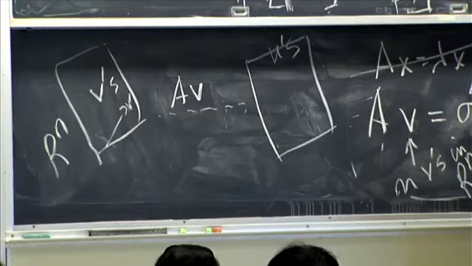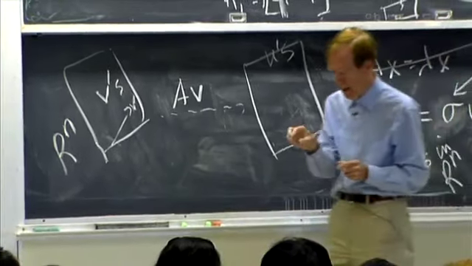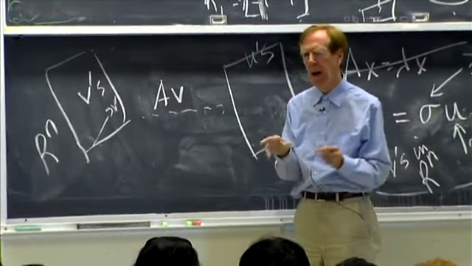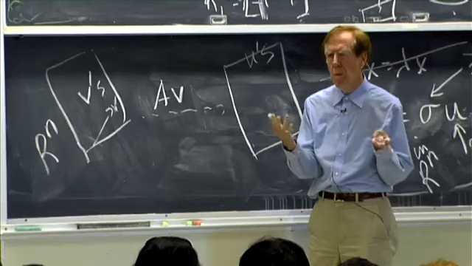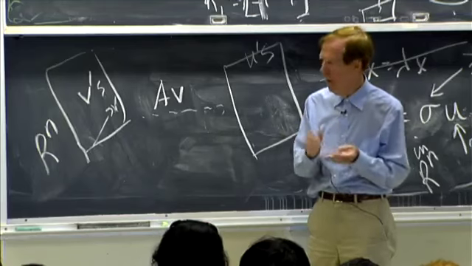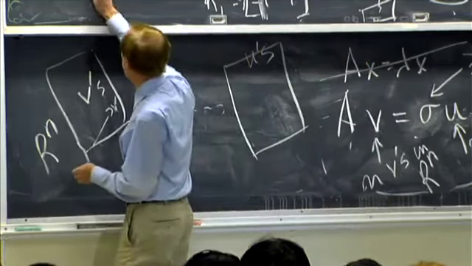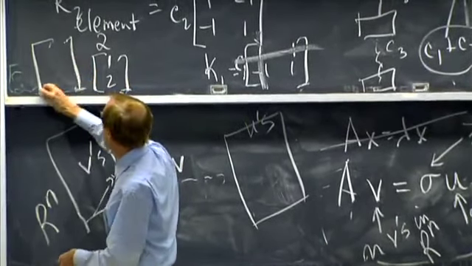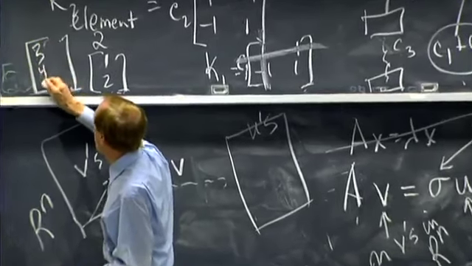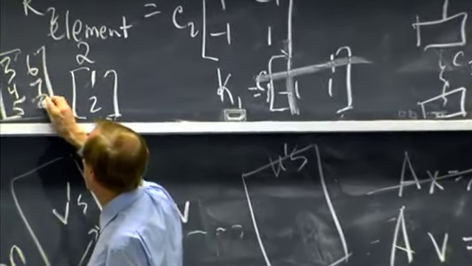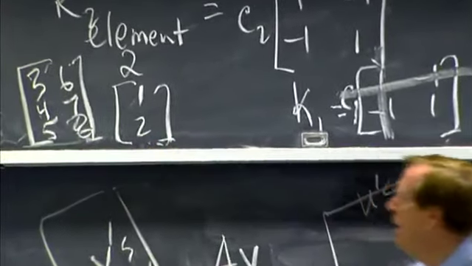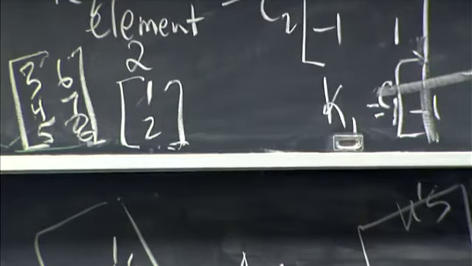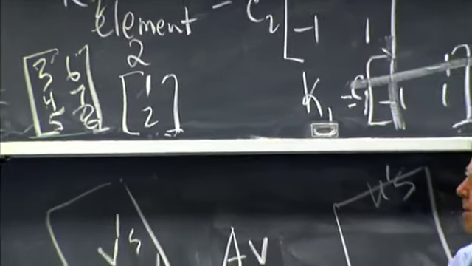Now I have to ask you one thing about linear algebra that I keep hammering away. If I take any vector and multiply by A, what do I get? If I take any vector V, like 1, 2, and here's A, say 3, 4, 5, 6, 7, 8. So that's A times V. What can you tell me about A times V that goes a little deeper than just telling me the numbers?